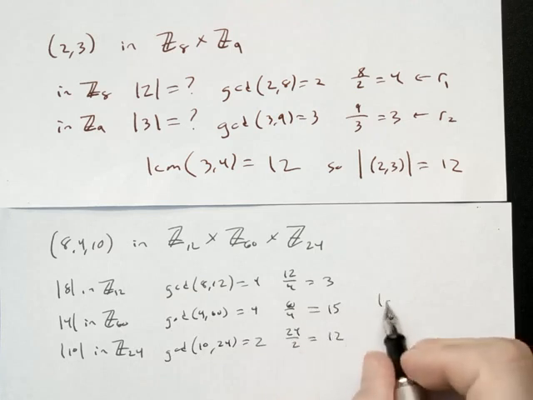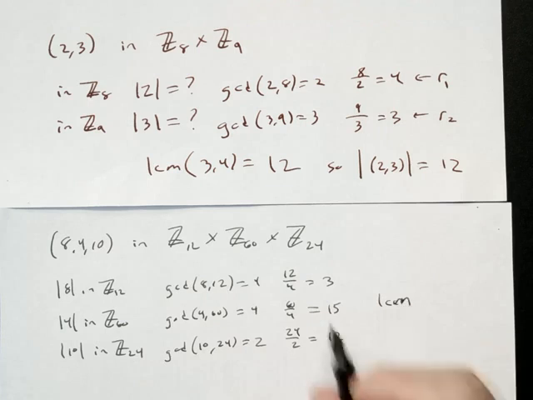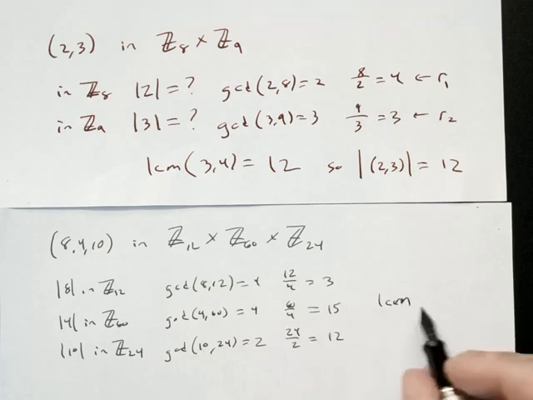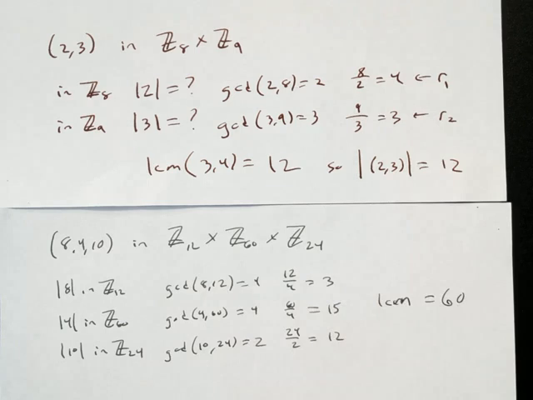And the least common multiple, we did this, is 60. I don't know what the elements generated by that triple are going to be, but if I start generating, I should finish out at exactly 60 things.